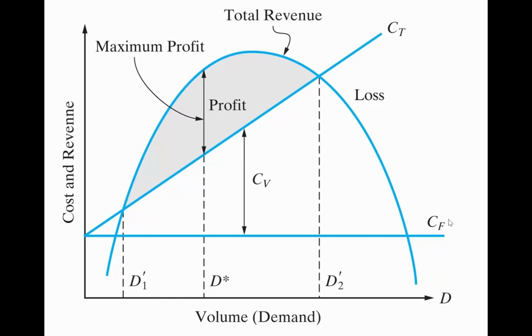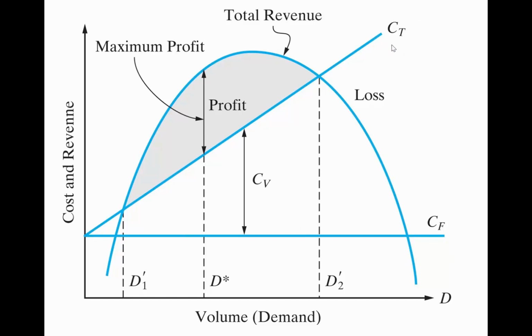CF means fixed costs. The reason that's a flat line is that the number of dollars you spend on the fixed costs isn't affected by the level of production or by the number of items being sold. So you can either make a little or you can make a lot, and your fixed costs don't change.